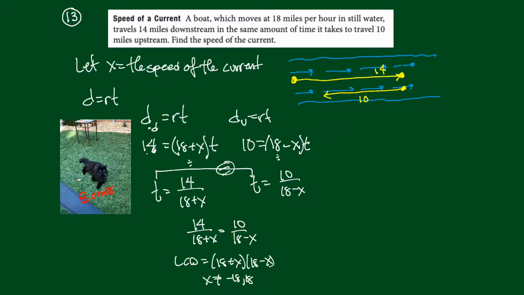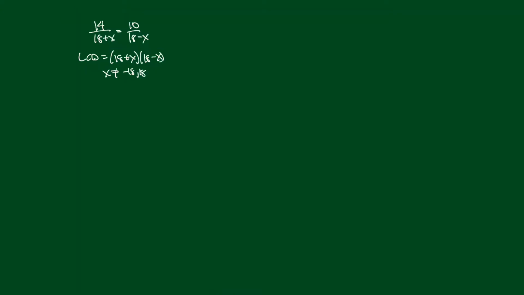So I'm going to write 18 plus x, 18 minus x times 14 over 18 plus x, equals 18 plus x, 18 minus x, times 10 over 18 minus x.